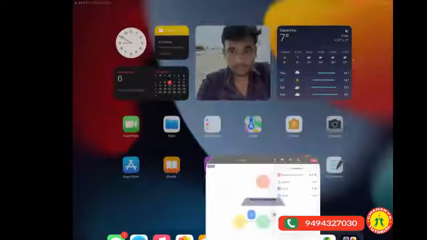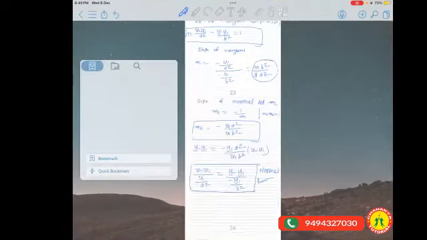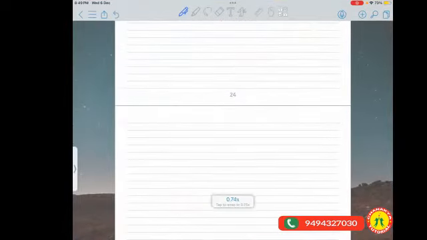Any doubt? Now we need to find the equation of normal to the hyperbola in parametric form.